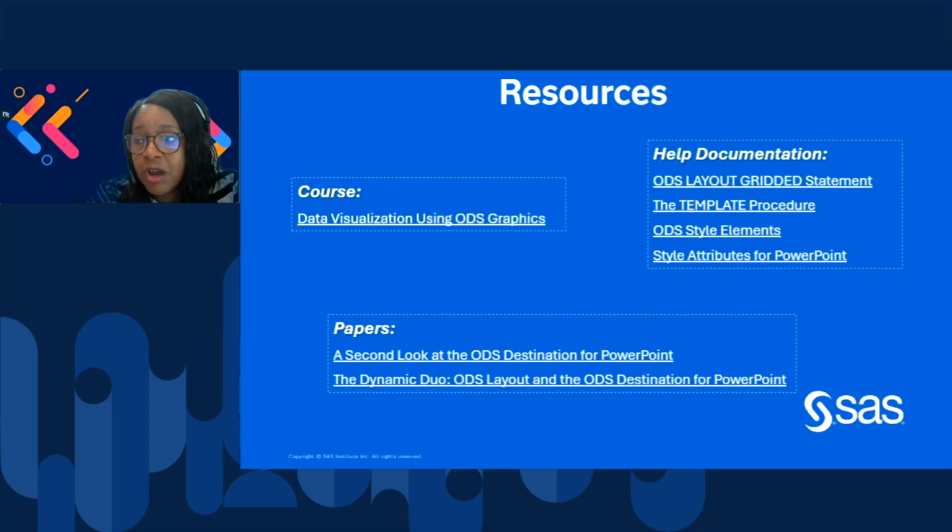So you can look at other options you can add there, the template procedure, which there's lots to learn about that, the different style elements and attributes. There's all kinds of details in the documentation. And of course, there's papers out there that you might be interested in just browsing through to get some tips on these topics as well.